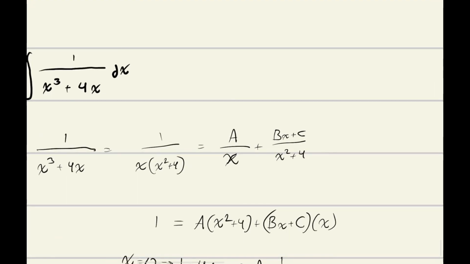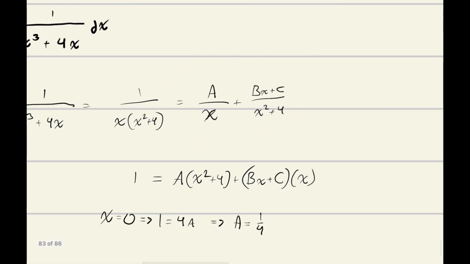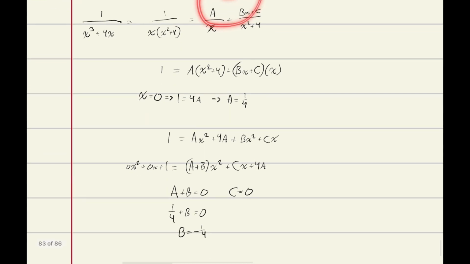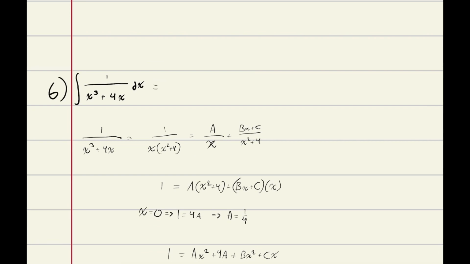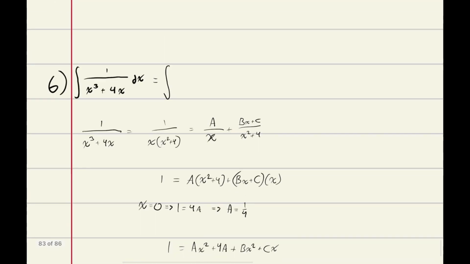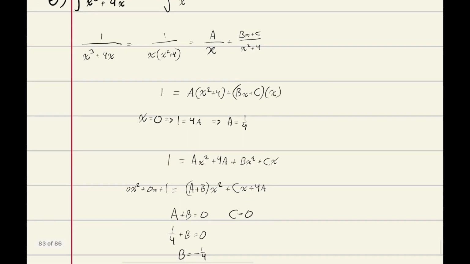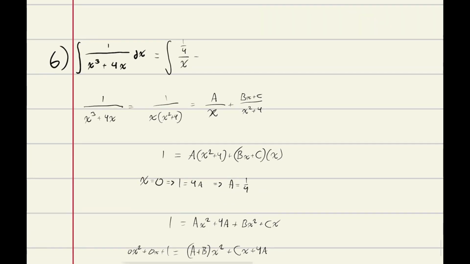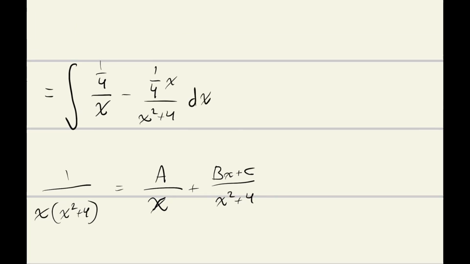Now, this integral would be equal to this. When we plug in our values for a, b, and c, it is equal to the integral of a, which is 1/4, over x, b is negative 1/4, so minus 1/4 x over x squared plus 4, and since c is 0, we didn't write it, dx.